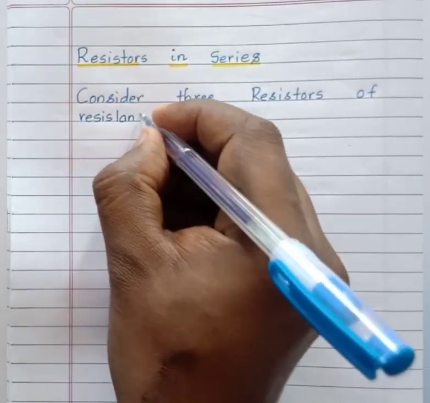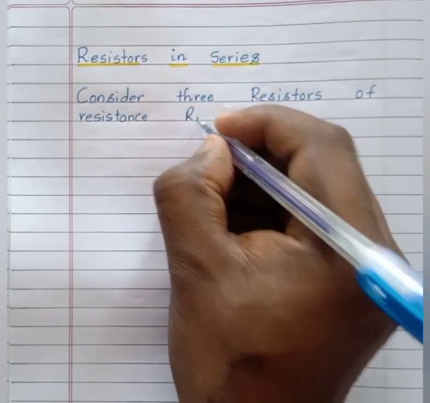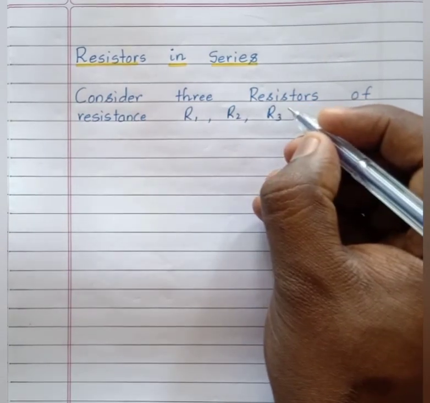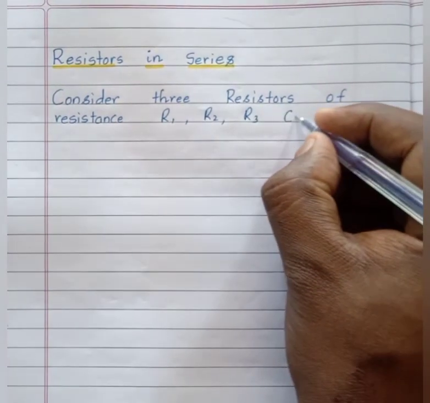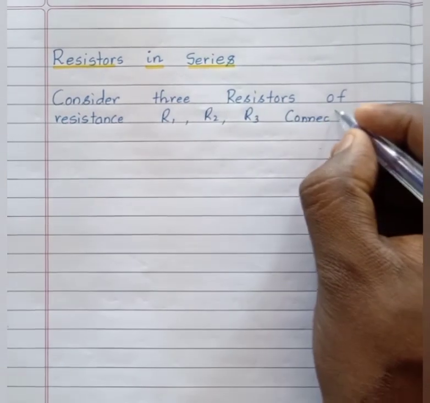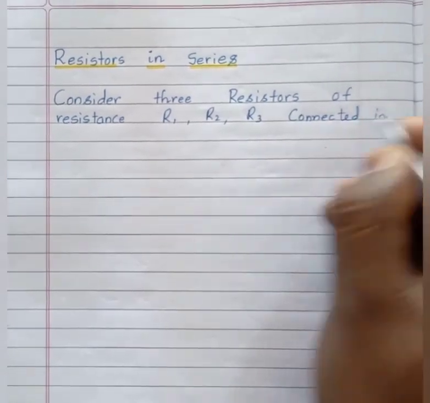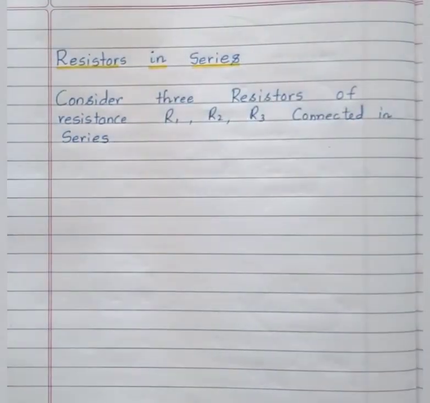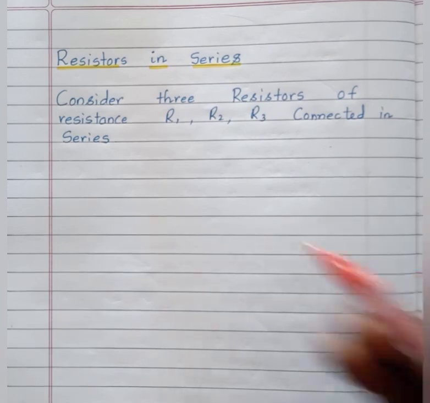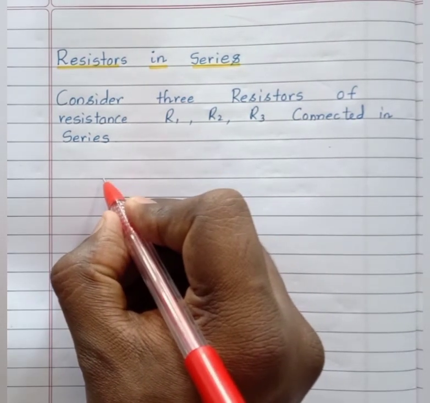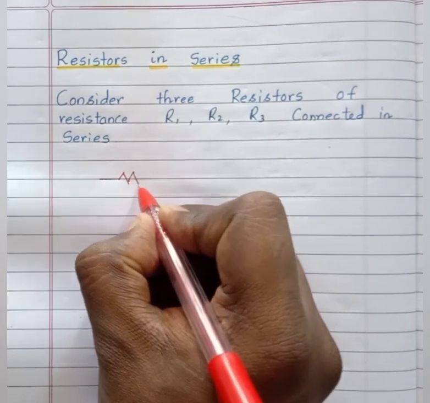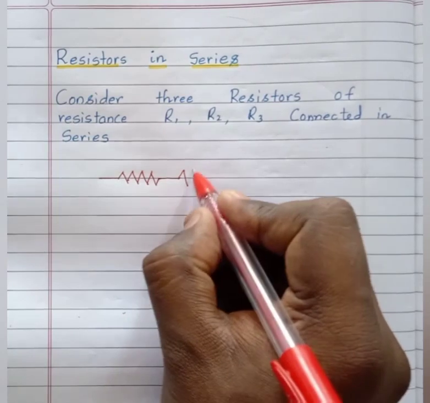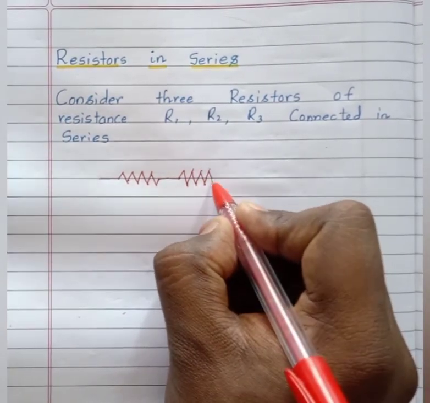I'll draw the circuit of three resistors connected in series with a battery, key and ammeter and voltmeter to measure voltage drop across each resistor. Consider an electric circuit of resistance R1, R2 and R3 connected in series.